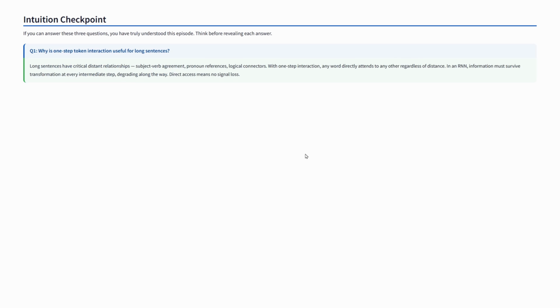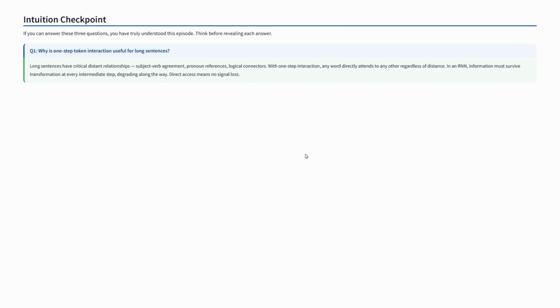Here's the key. Long sentences often have critical relationships between distant words. Subject verb agreement, pronoun references, logical connectors that span many positions. With one step interaction, any word can directly attend to any other word no matter how far apart they are in the sentence. There's no intermediate processing to degrade the signal.